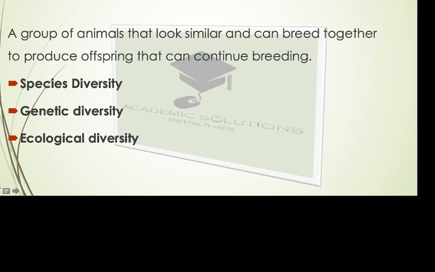Okay, firstly and foremost, when we speak of species, this is a group of animals with similarities, and they can interbreed and give off offspring, and then continue to breed.